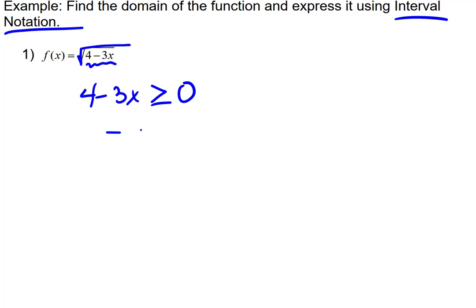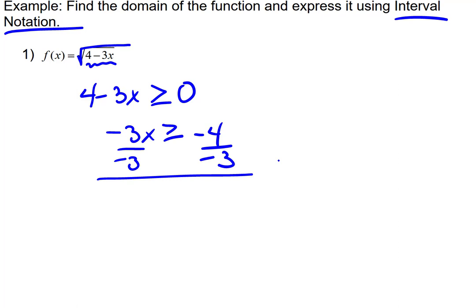In doing so, we would get negative 3x is greater than or equal to negative 4 by subtracting 4 from both sides. And then if we divide by negative 3 on both sides, recall all the inequality steps here, if you're dividing by a negative, you have to flip the inequality. That means now we have x is less than or equal to positive 4/3.